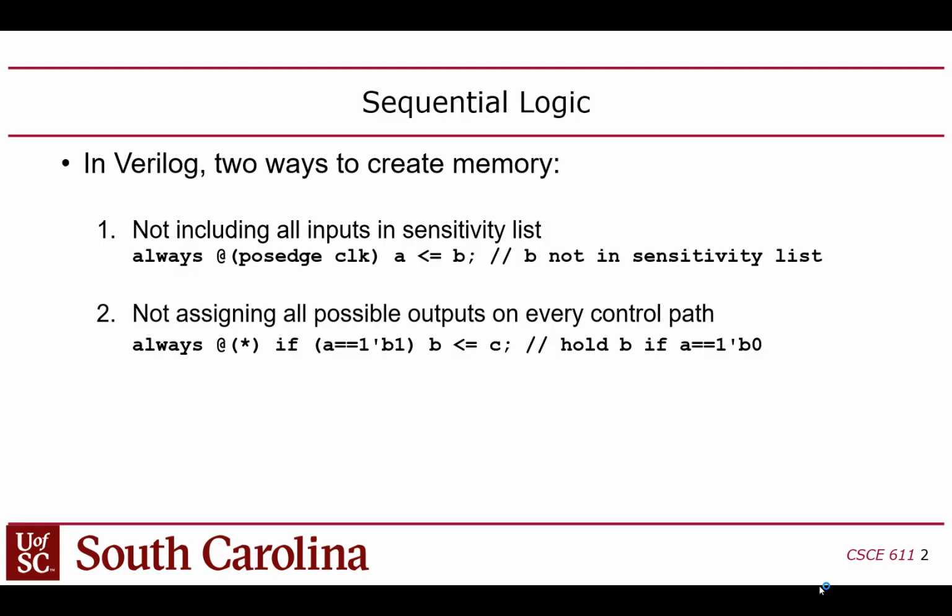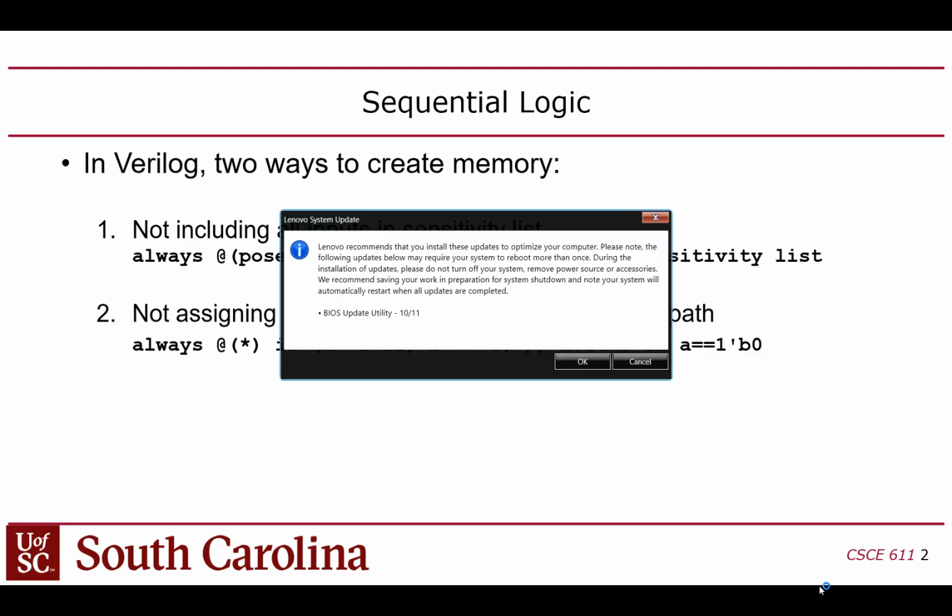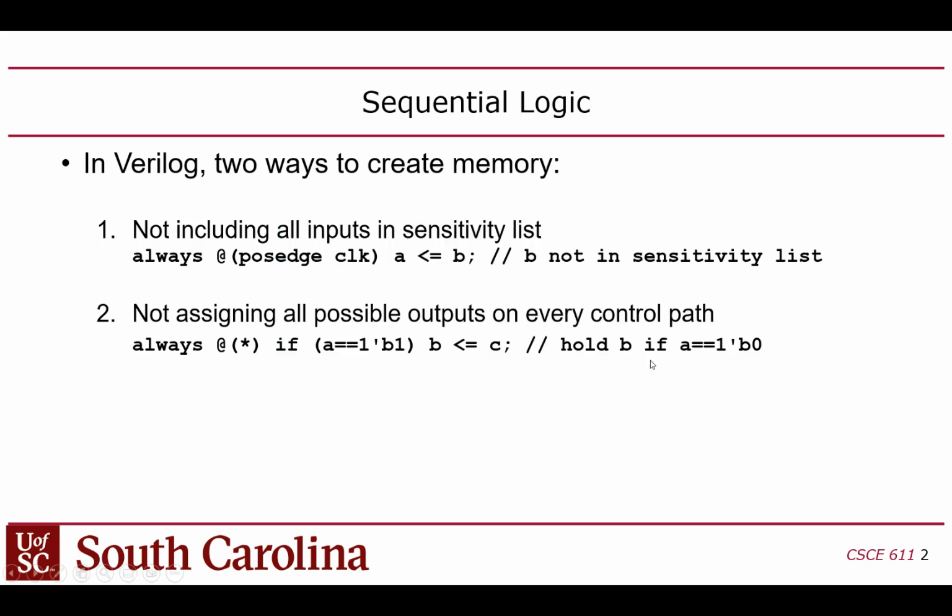You would think that this would create combinational logic. But in this case, I have if A equals 1, then B is assigned to C. But the problem is, what happens if A is not equal to 1?